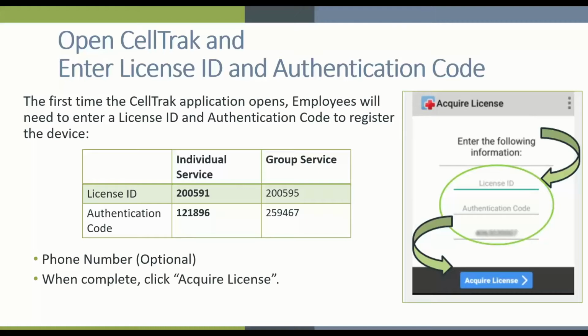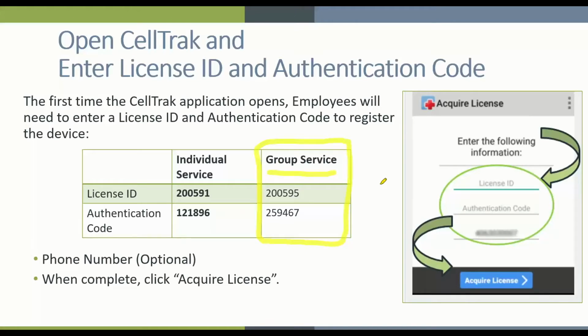Now, if you provide group service and individual service, even if you only provide group service once in a blue moon, once a month, or once a week, you're going to use the group service license ID and authentication code. Group service is going to allow you to do both individual and group, so it's very important you do group service if you provide group service.